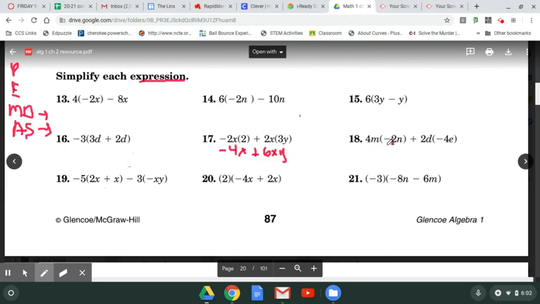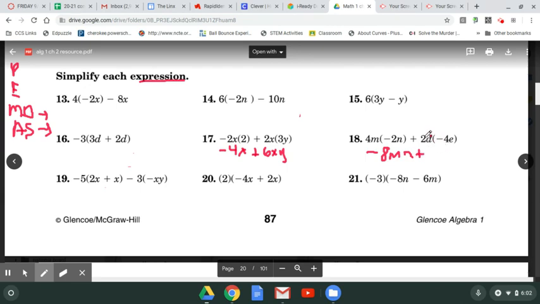Here we have 4m times negative 2n plus 2d times negative 4e. What do we do first? Right, multiplication. So 4m times negative 2n is negative 8mn, and we put them in alphabetical order.